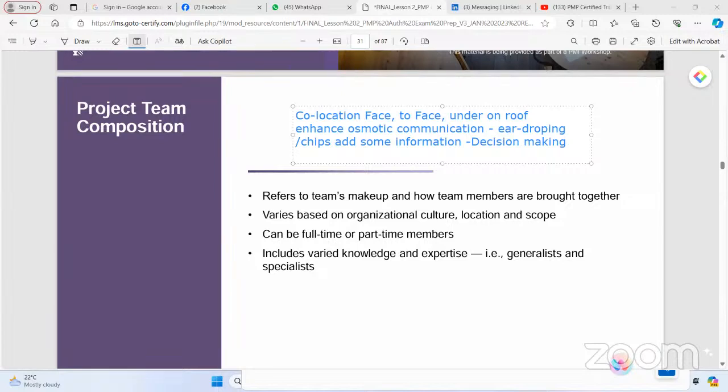The current scenario is that we may have a decentralized team. They are not at one location. We may have team members who are augmented from various suppliers and outsourcing partners, right? So we may have part-timers in the team, and we may have full-timers, right?